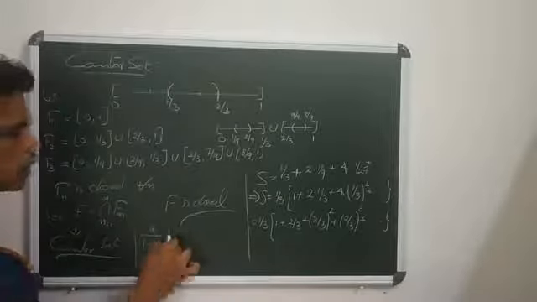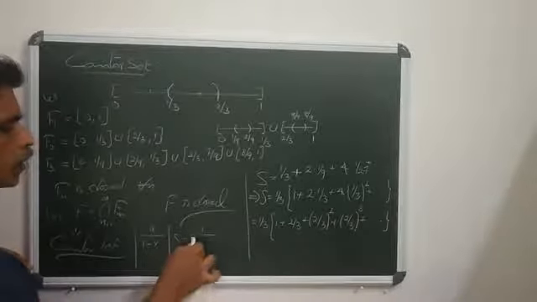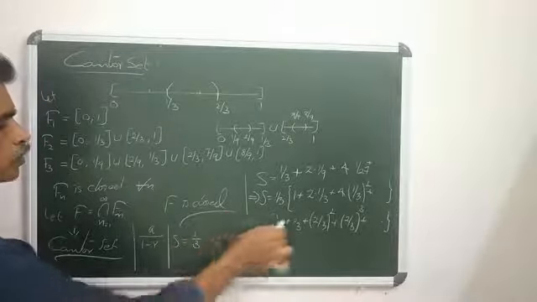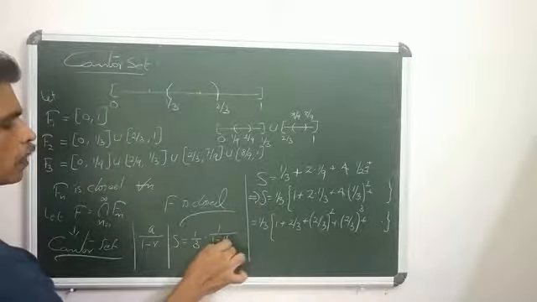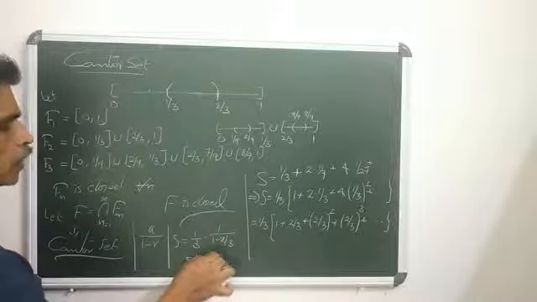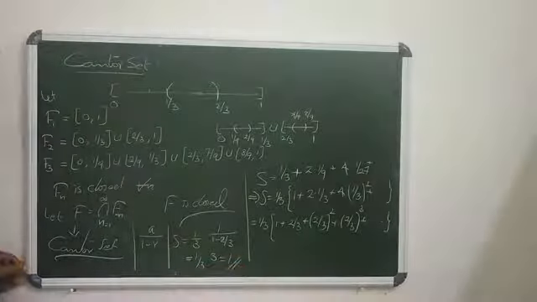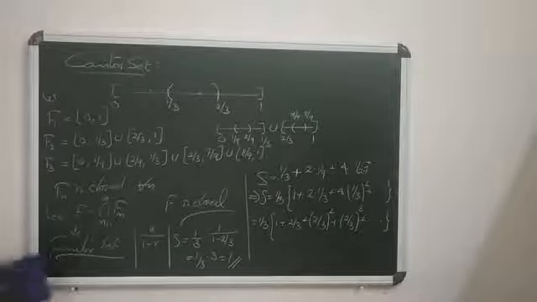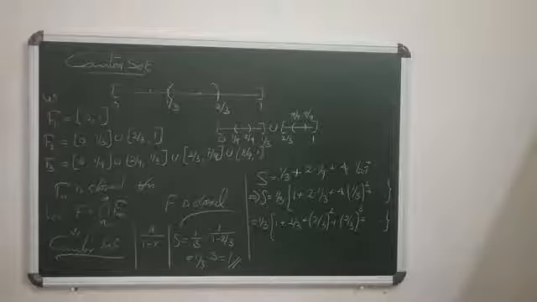So here S equals 1 by 3 into 1 by 1 minus 2 by 3, which equals 1 by 3 into 3, equals 1. So the sum of the lengths of the middle third open intervals removed from closed interval 0, 1 for the construction of the Cantor set is 1. Also know that the Cantor set is uncountable and its measure is 0. Those are the two points.